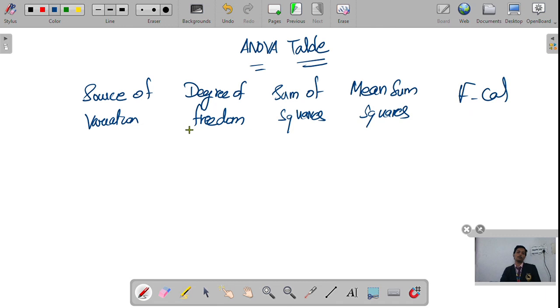So if you are going to write an ANOVA table, these are the basic things. This is common for both row wise and column wise.